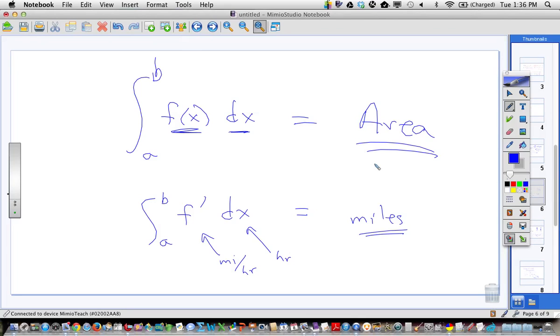Square root of 1 plus f prime squared. That was a formula, and that came from the Pythagorean theorem. What we were doing there is we took our Pythagorean theorem, which gave us a formula for one little piece of length along a curve, and then we had the integral add up all those little lengths. So this would be connected to that.